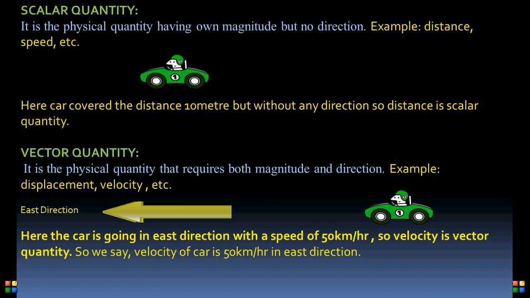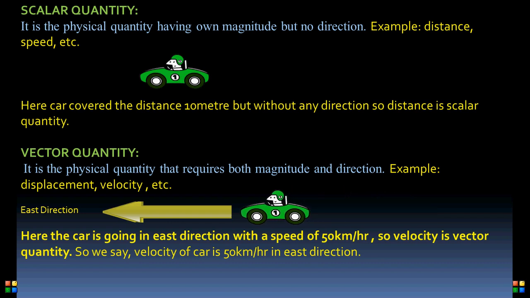Vector quantity, the definition is it is a physical quantity that requires both magnitude and direction. For example, displacement, velocity, etc. As we can see here that the car moves in a particular direction, that is east direction.